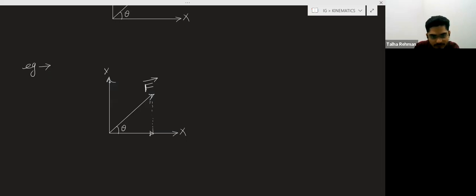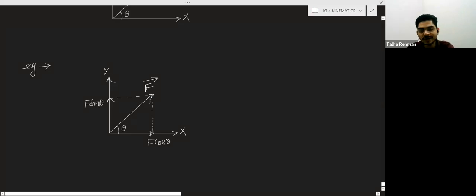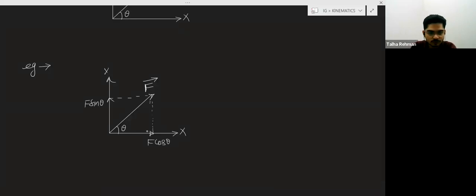Along this direction this component will be F cos theta, and along this direction this component will be F sin theta. So basically two new vectors we got. One vector is F cos theta, the effect of force along x, and this is the effect of force along y axis. Very important part.